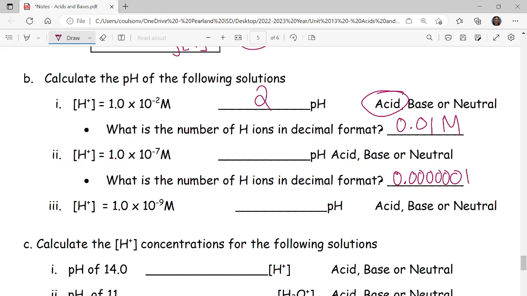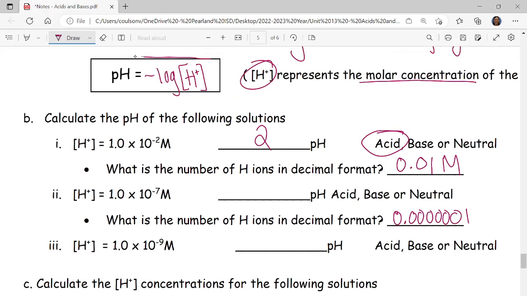But then to figure out the pH of this one, I'm going to do the same thing that I did before, where I plug it into my calculator and I'm using this equation. I'm going to continue using the Casio calculators since that's the one that I think most students in here are going to be using, because that's what we have the most of.